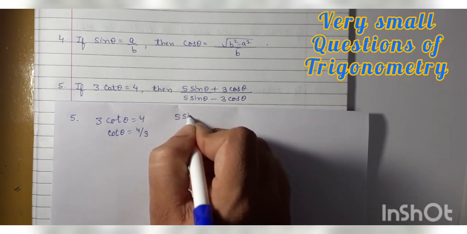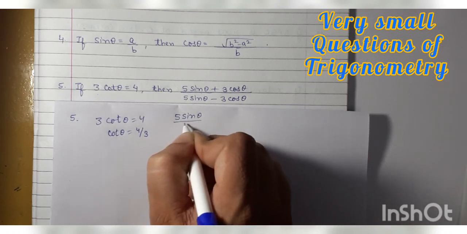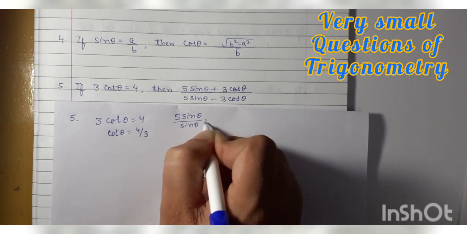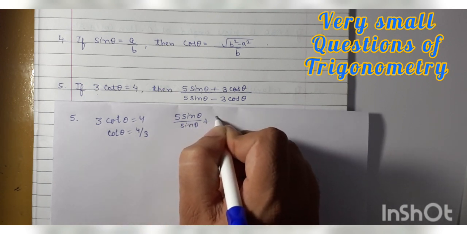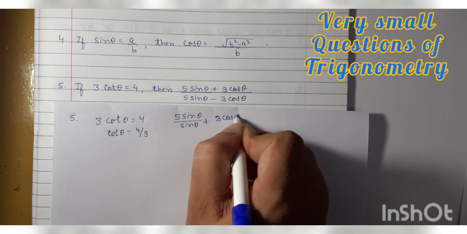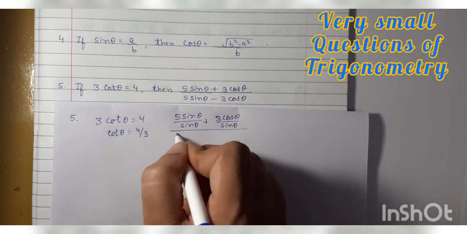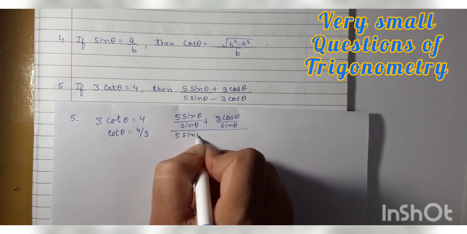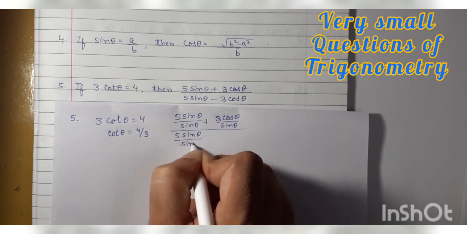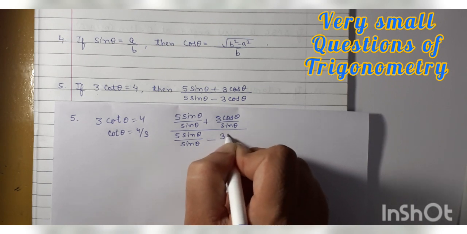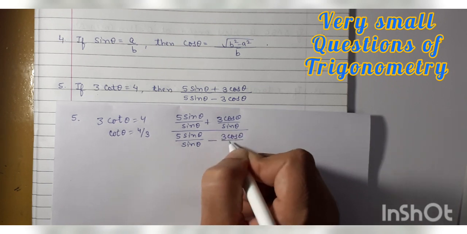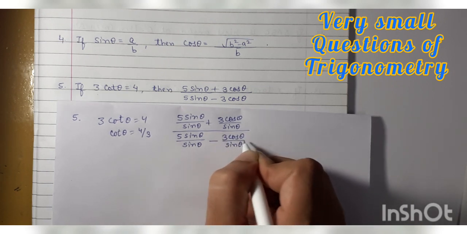See here, 5 sin theta upon sin theta plus 3 cos theta upon sin theta, 5 sin theta upon sin theta minus 3 cos theta upon sin theta.